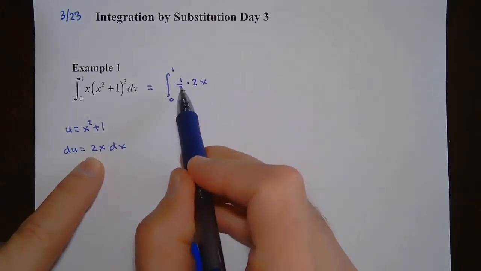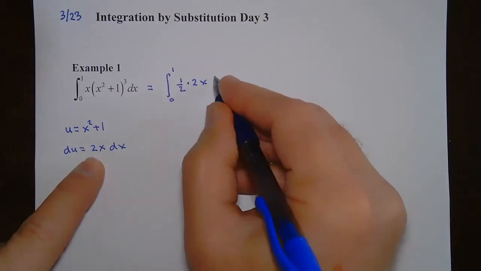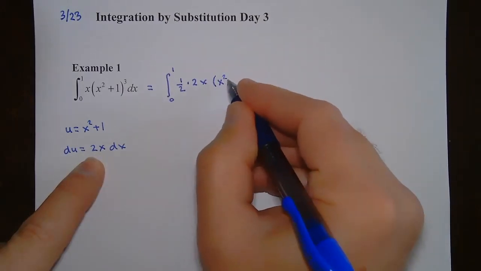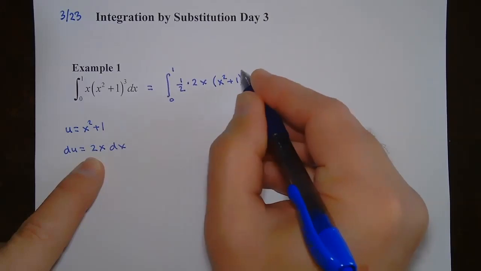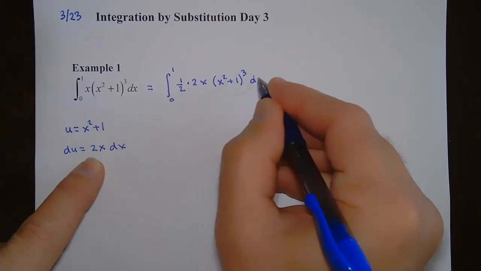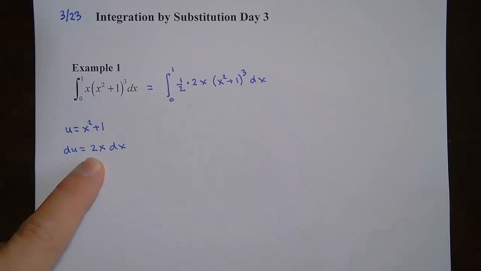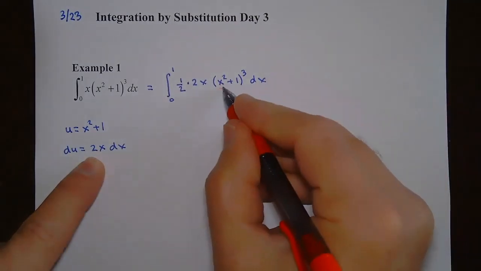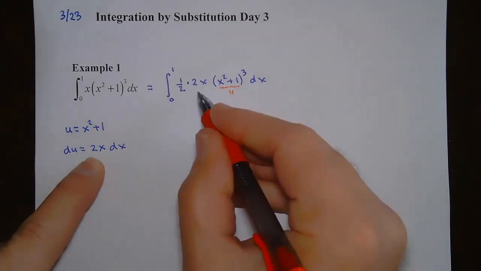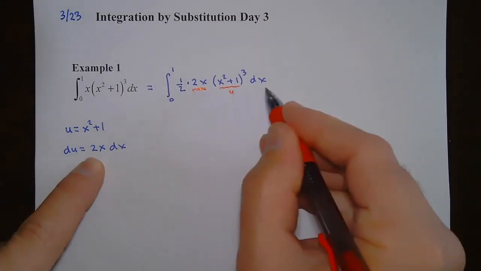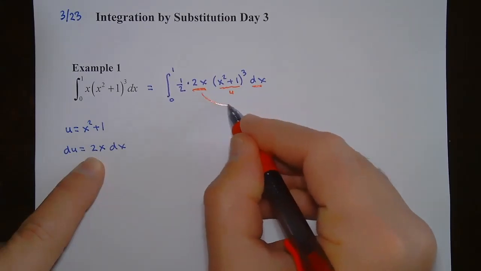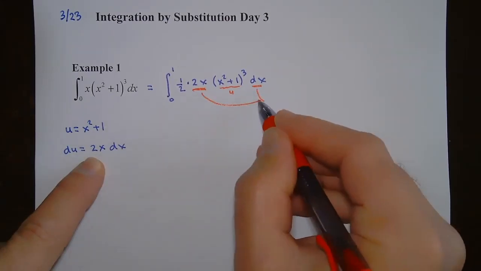And I'm going to take this 1/2 and bring it out, okay? And then this is x squared plus 1 cubed, and then dx, okay? Now, this is my u, and the 2x right here and this dx make up my du, right?